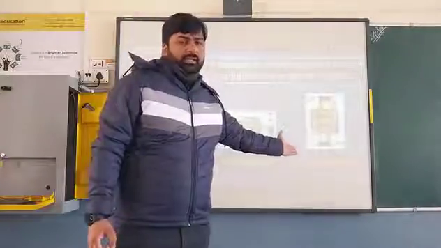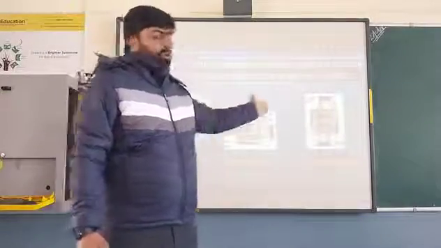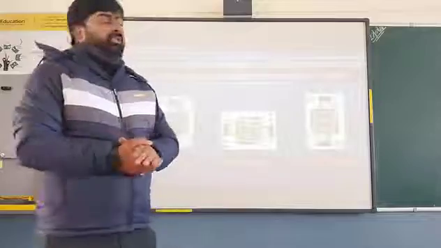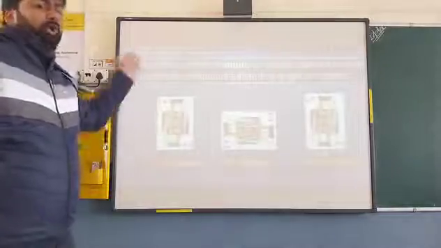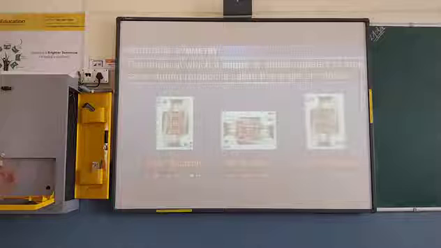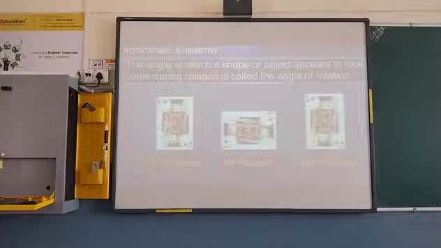In this case, if we rotate the card through 180, the original card and the rotated card are the same. So we can say that 180 degrees is the angle of rotation.